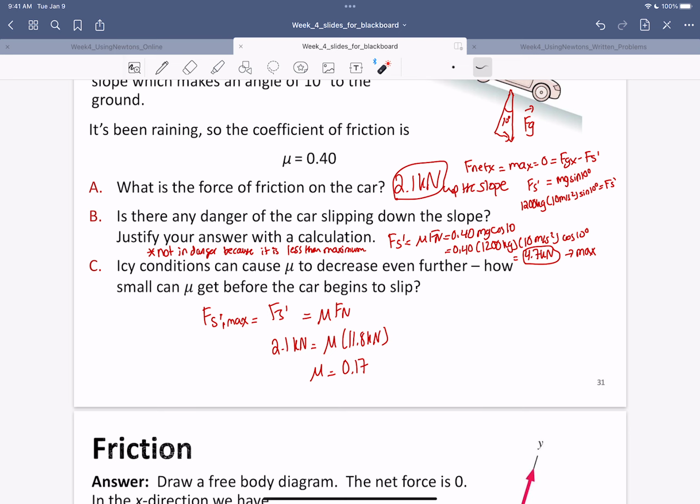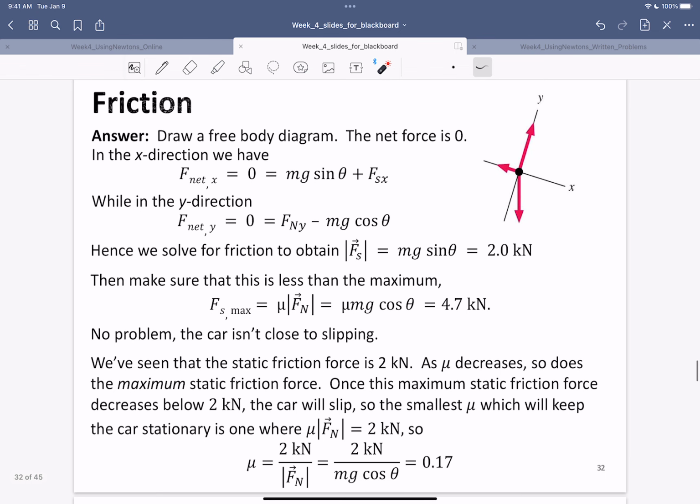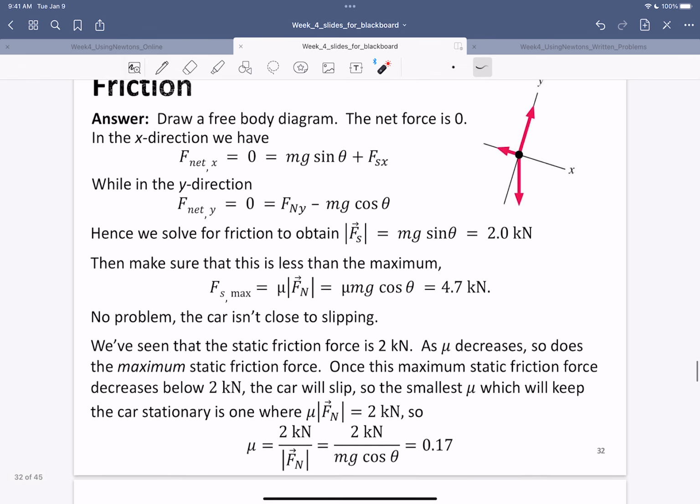So I think you would still use the force of friction from A. I think. You wouldn't use the maximum static friction force yet, because they're just asking about the original condition, and they're asking you how small can the coefficient of friction get before it starts to slip. But hold up, I want to check this real quick, because maybe I messed something up.